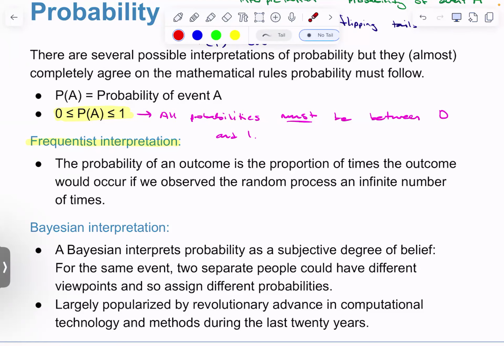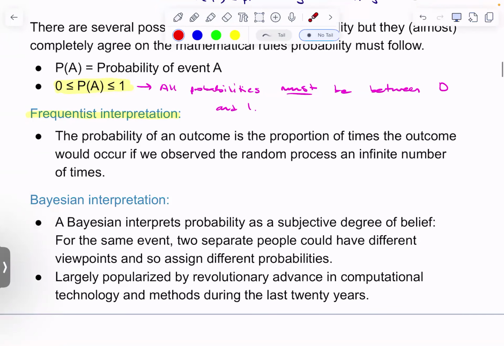So for intro classes, we're all frequentists. If you go to a statistics conference and someone asks whether you're a frequentist or a Bayesian, you can say, I'm a frequentist, but I want to be a Bayesian. That's pretty good. But that's for later courses.